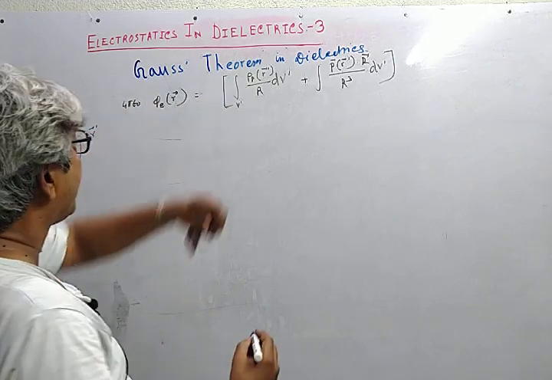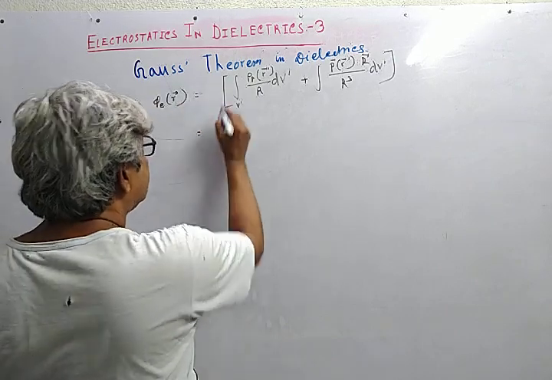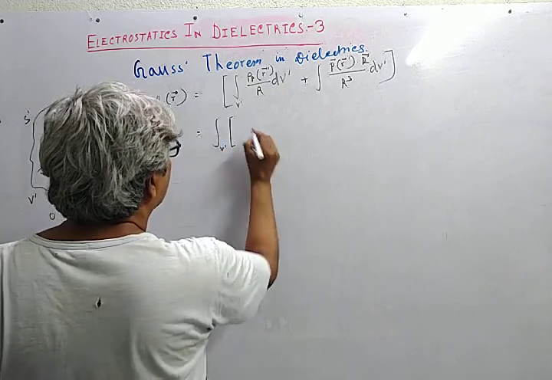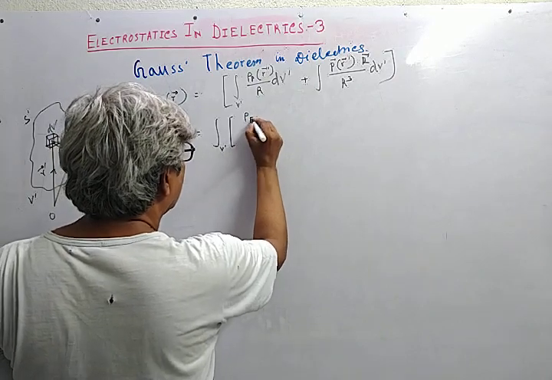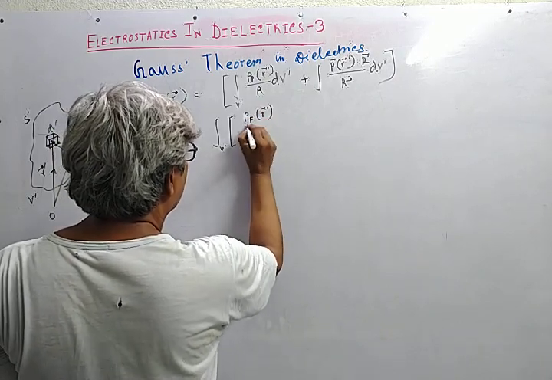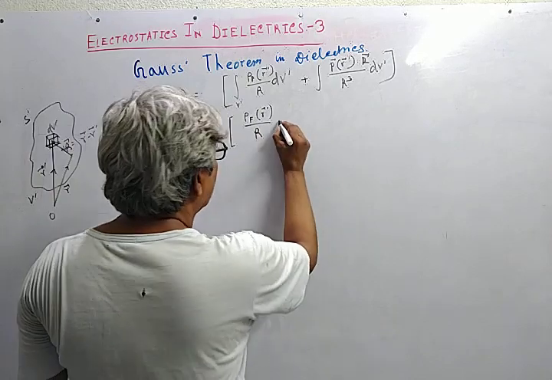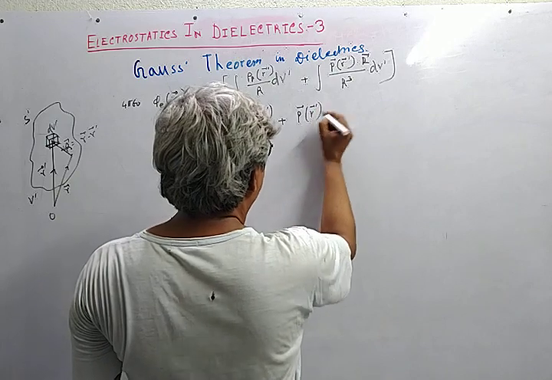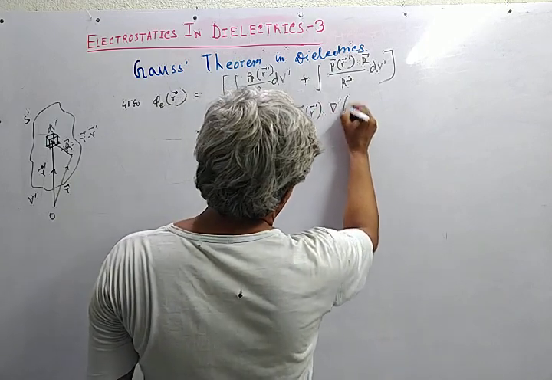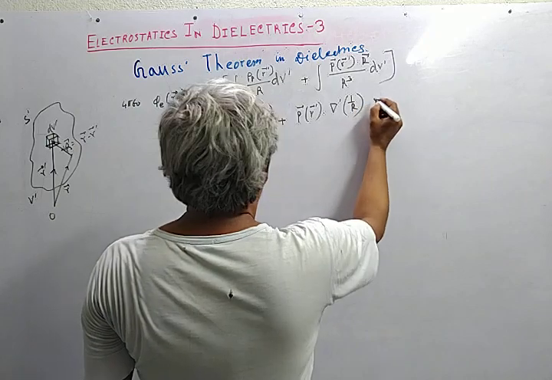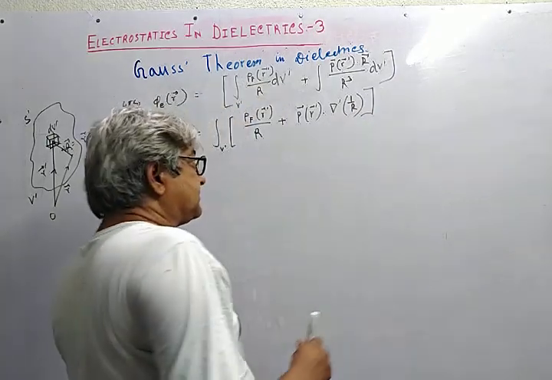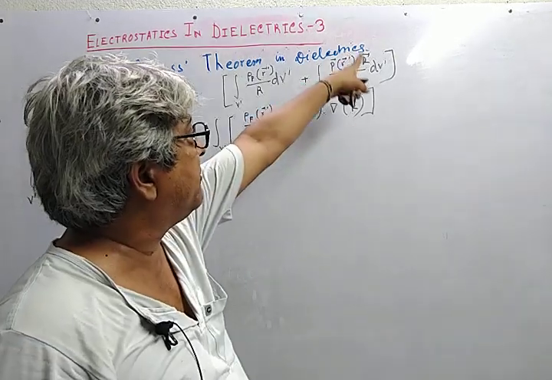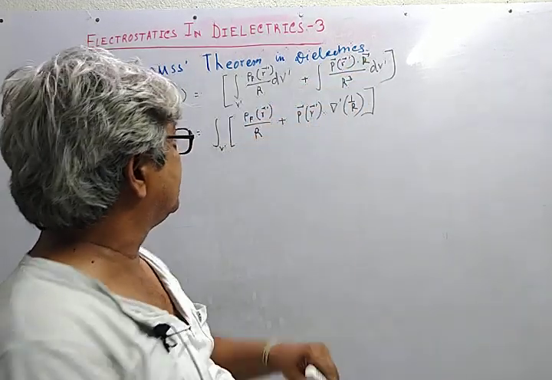So this way, and this becomes nabla, where nabla is the operator with respect to the source coordinate, and this is equal to vector r by r cube with a positive sign.